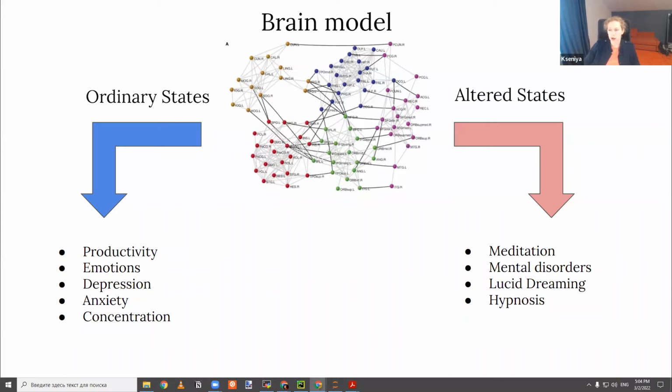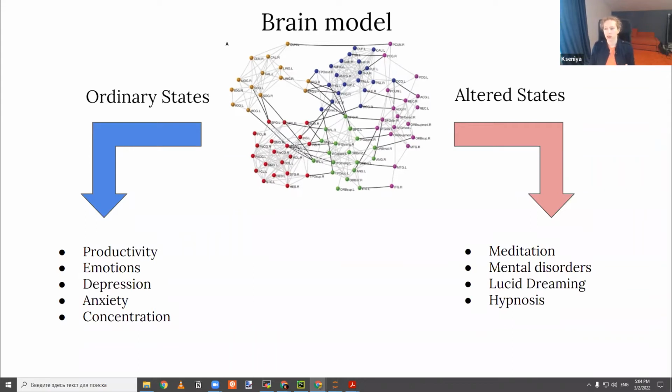So in my opinion, we haven't got enough good functional models of the brain. So we have a lot of empirical data, but not quite good brain models.